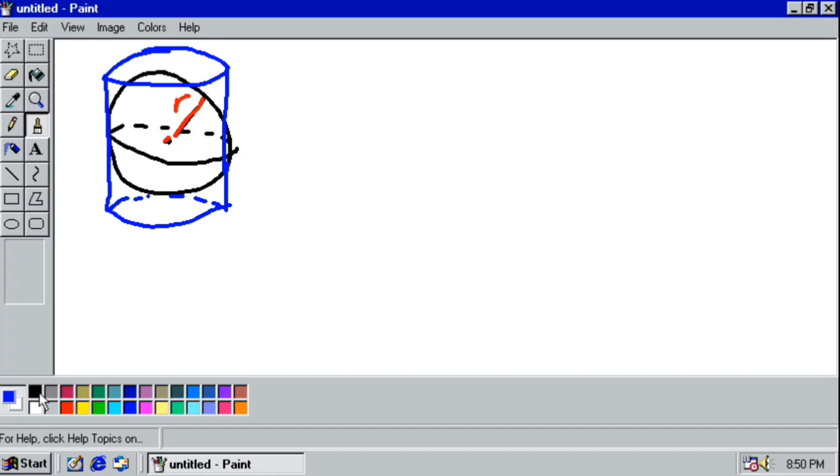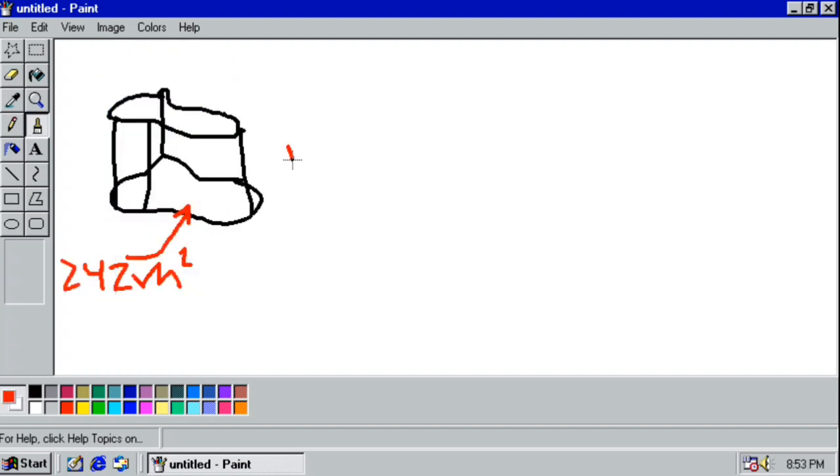So the volume of a sphere is 2/3 the volume of the cylinder. That's how you find the volume of a sphere. So close your eyes and try to remember this diagram. It will help you remember the formula for the volume of a sphere.